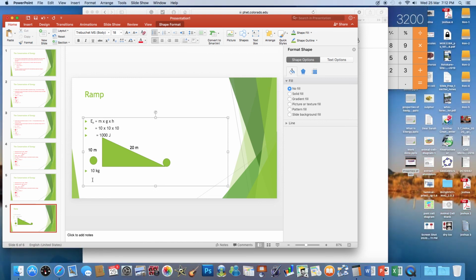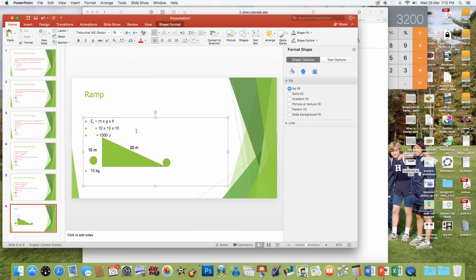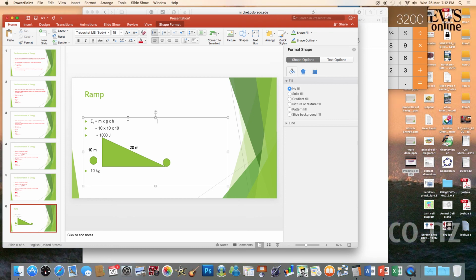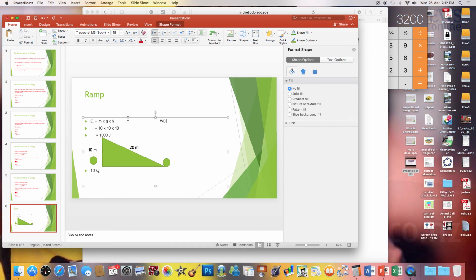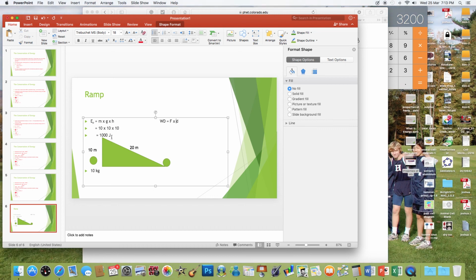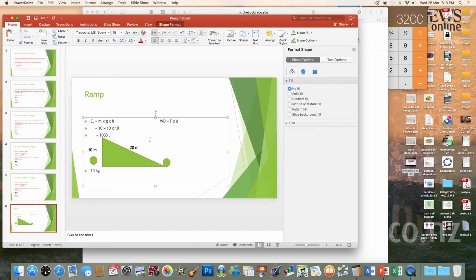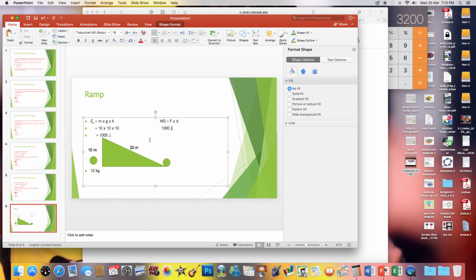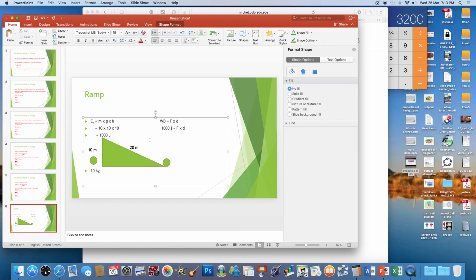The thing is, you would not have to put in as much force to get it going up there as you would there. Because if we took work done, it is force times distance. So for the guy lifting it from there, he actually has to put in this amount of energy to lift it. So 1,000 joules has to equal the force he uses times the distance, which is 10 meters.